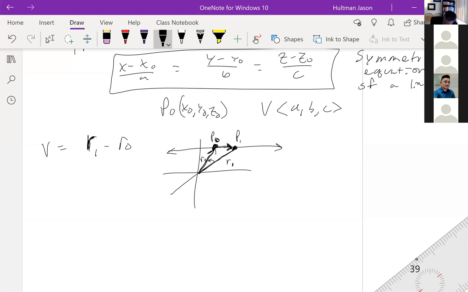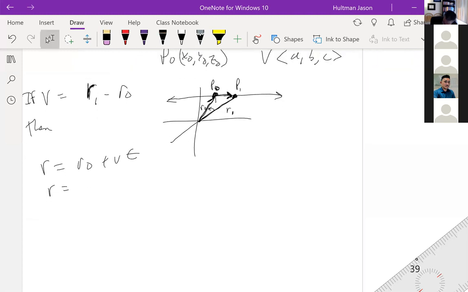Okay, if this is true, then what happens to the equation of the line? Well, then R is equal to R naught plus V of t, right? And so R is equal to R naught plus, well, what's V? V is R1 minus R naught.